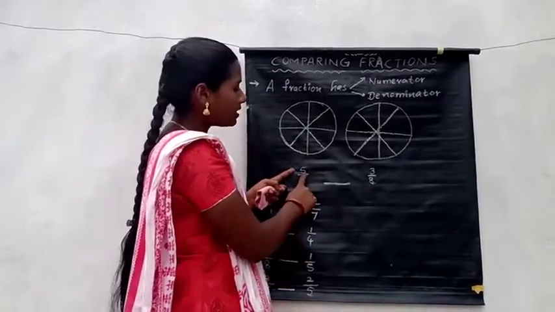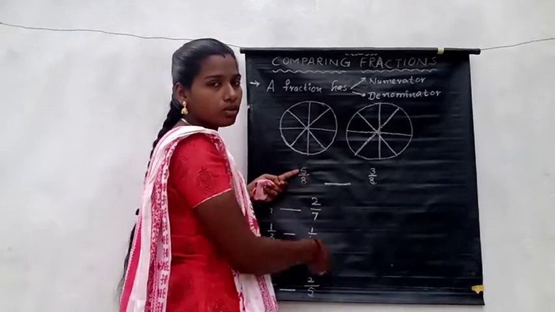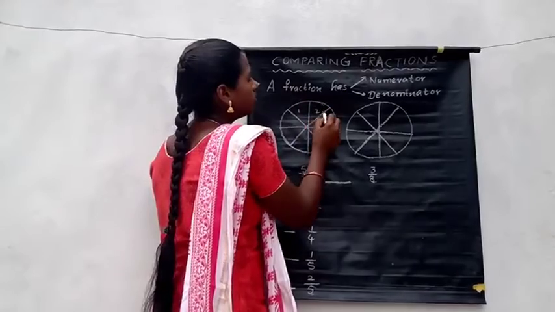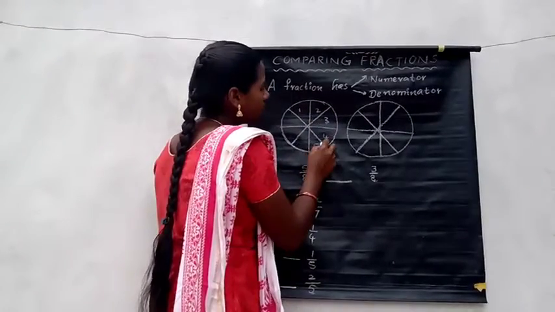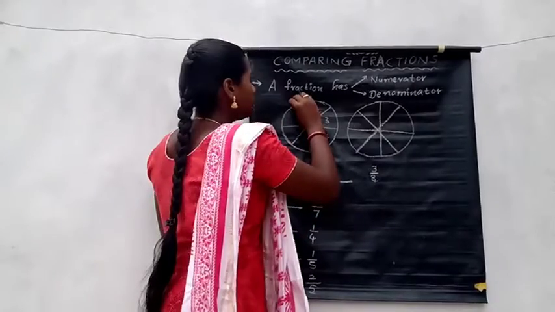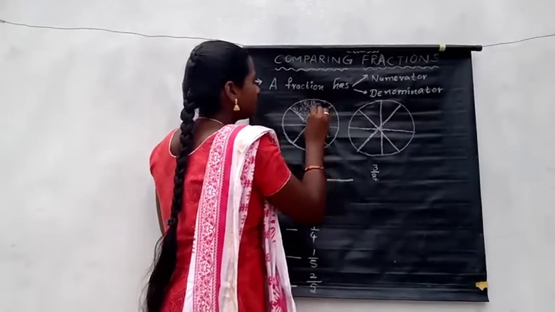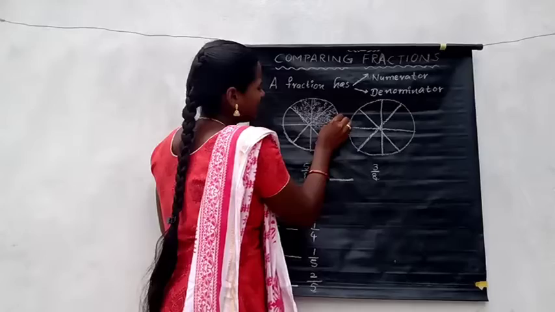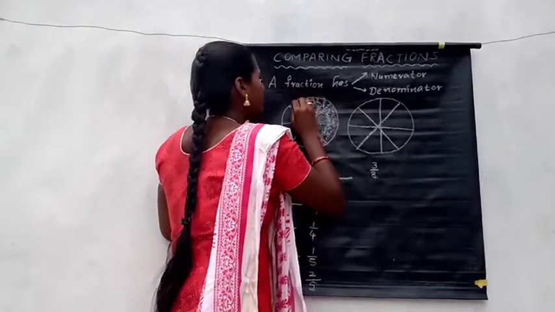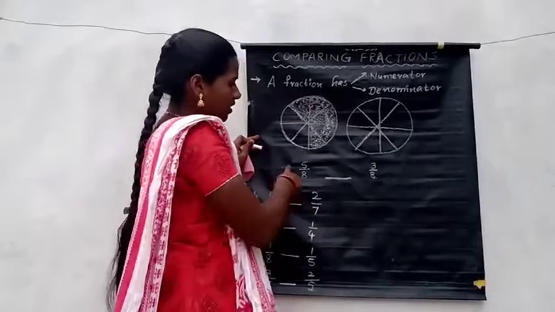Here how many parts have been counted? 5. So we should shade those parts. 1, 2, 3, 4, 5. So we should shade all these parts. Here I am shading like this. So I have shaded 5 by 8.